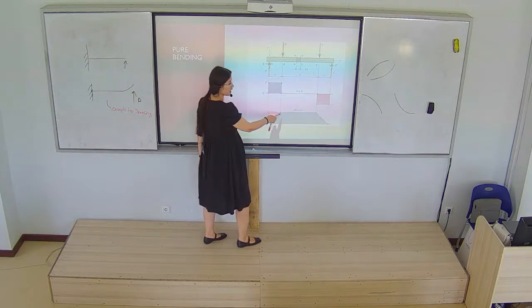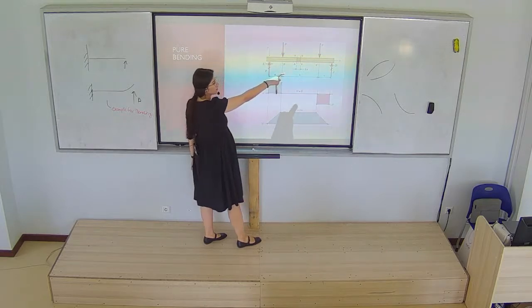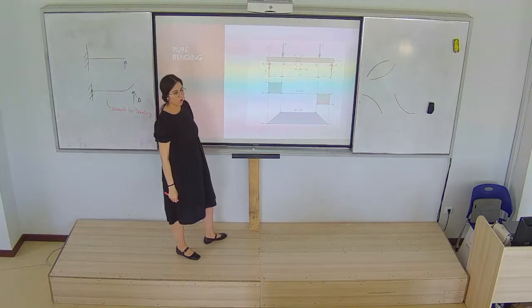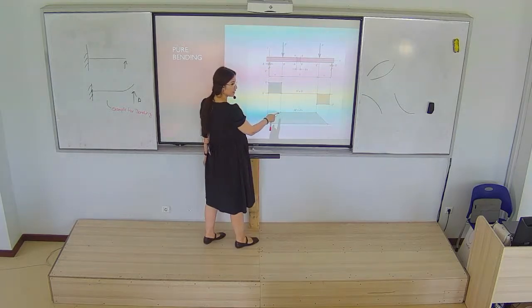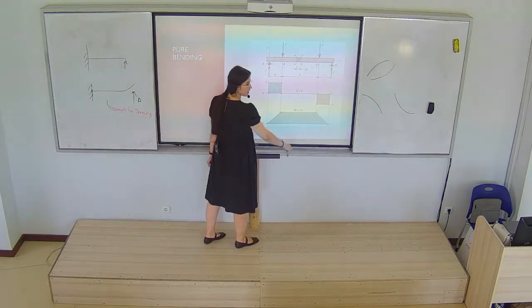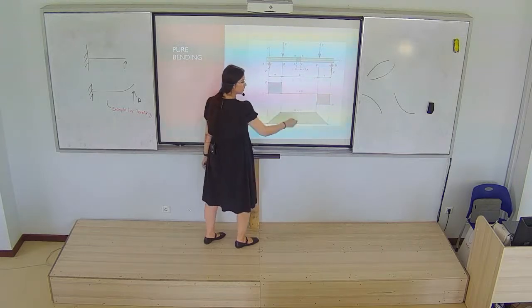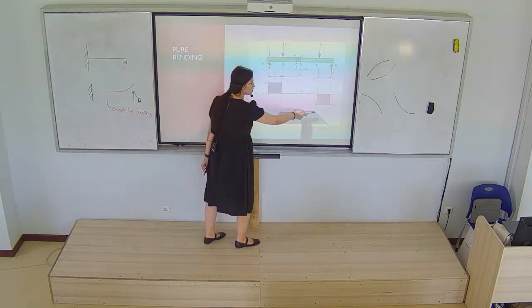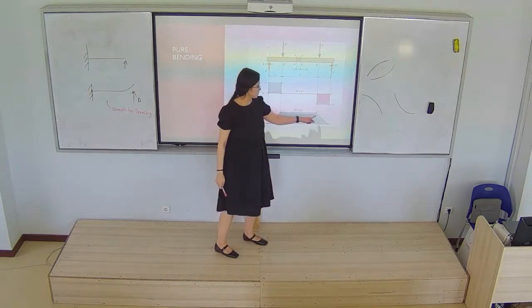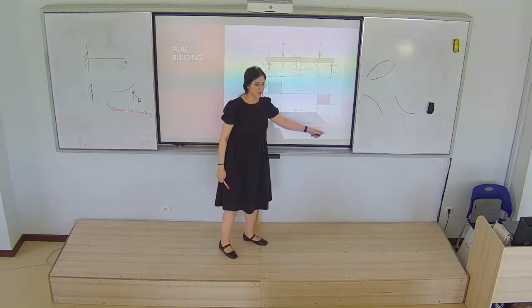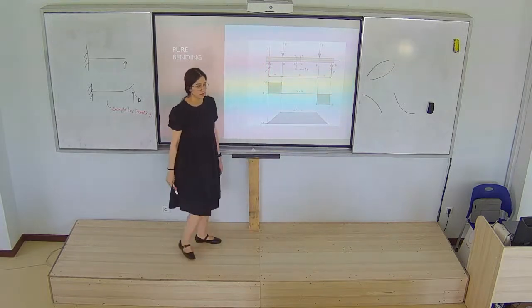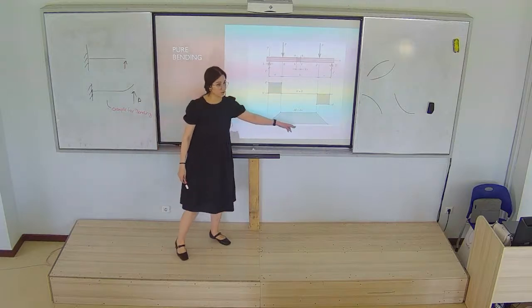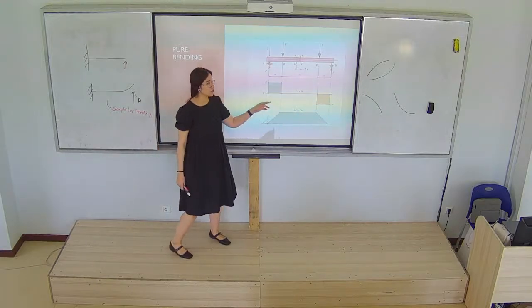I told you, on the external support, the moment will be equal to 0. From 0, P multiplied by A, and then it changes direction. Why? Because we don't have any shear. That's why it will be constant until here. After that, it will be linear again. And this moment is constant and it can cause pure bending.